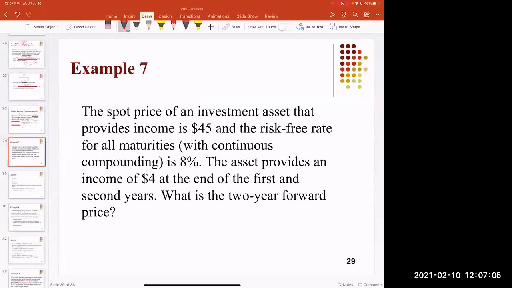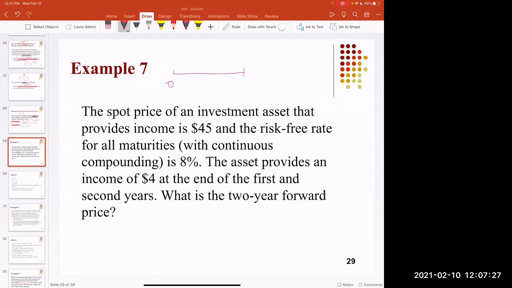Example 7: the spot price of an investment asset that provides income is $45. The risk-free rate for all maturities is 8%. The asset provides income of $4 at the end of the first and second year. First I would like you to draw the timeline.